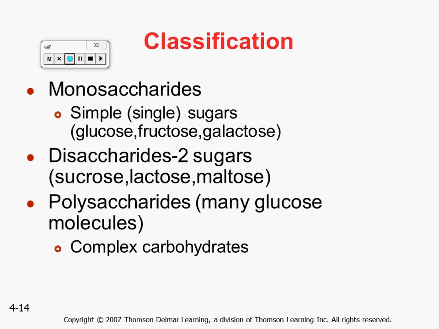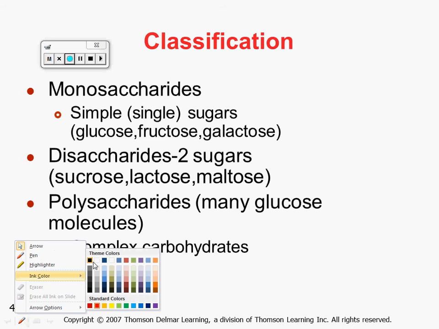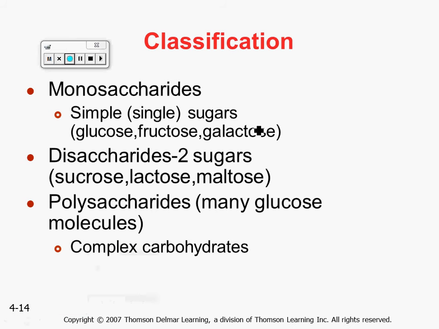Lactose. Good. All right. So these are the names of the monosaccharides, the single sugars. So glucose. Glucose has another name. Do you know the other name of glucose? If you're working on a floor in a hospital, it's also called what?